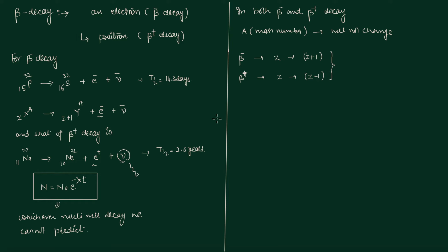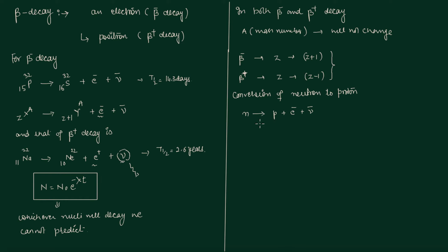Right. So now what is the basic nuclear process underlying these two, beta minus and beta plus decay? The basic process underlying beta minus decay is the conversion of neutron to proton. When a free neutron converts into a proton, it will emit an electron and an antineutrino, right?